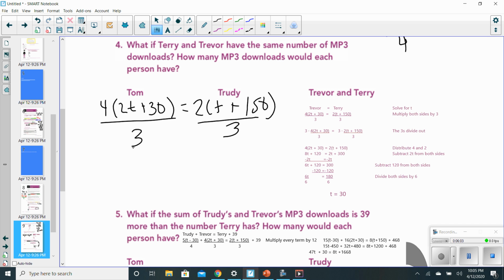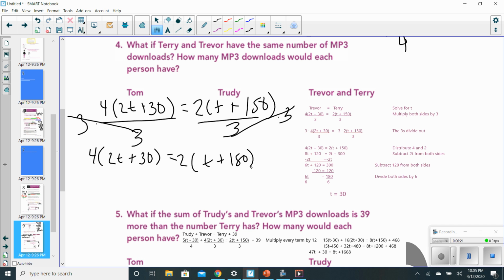Similar to what we did before, we are going to multiply both sides by 3 to get rid of that denominator. Because again, why work with it if we don't have to? So then we're going to be left with 4 times (2t plus 30) equals 2 times (t plus 150). You use the distributive property on both sides.